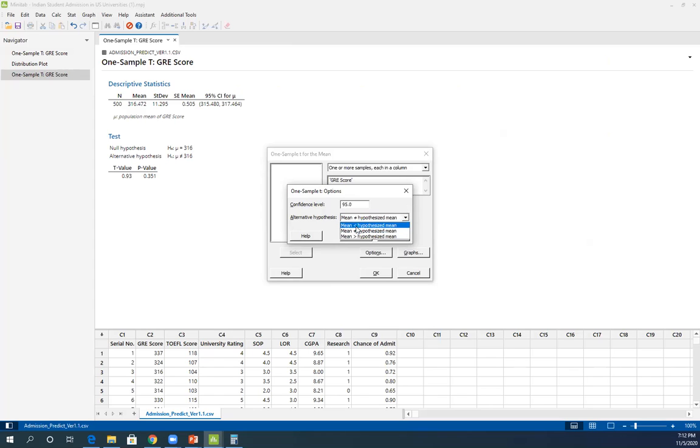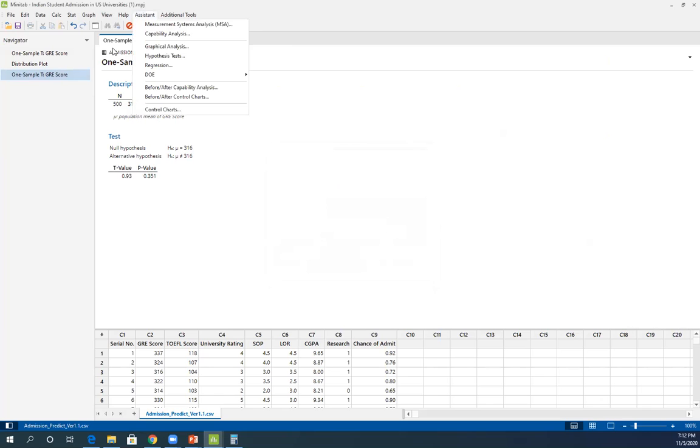And this is the left one side and this is another side. So these are the left side and right side. We are going to look into this case also. Hypothesis testing can also be done under Assistant. So when you go under Assistant, here you have the option under hypothesis testing.